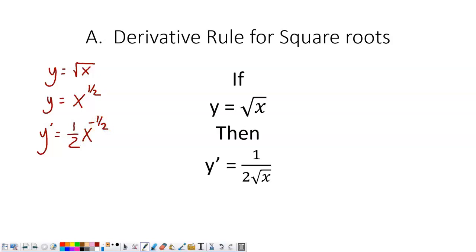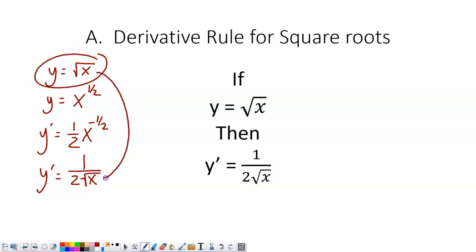And then I also know that that x to the negative half puts that x in the denominator and square roots it. And so we jump from here to here. Basically, let's just ignore all this. It's always going to work the same. We can always just jump straight from the top to the bottom since we know what it's going to look like. Okay? So we have a shortcut so that we don't need to actually go through that process.